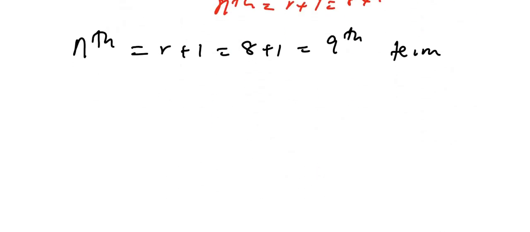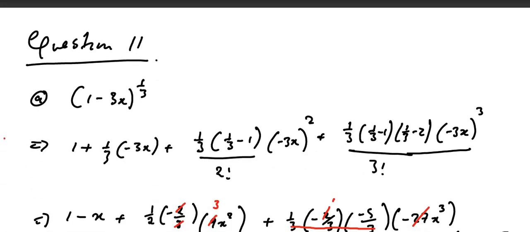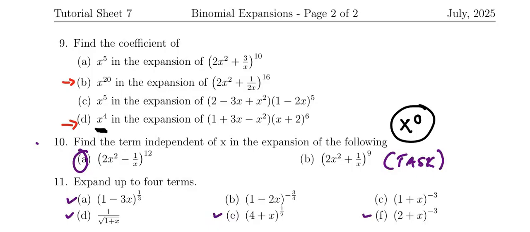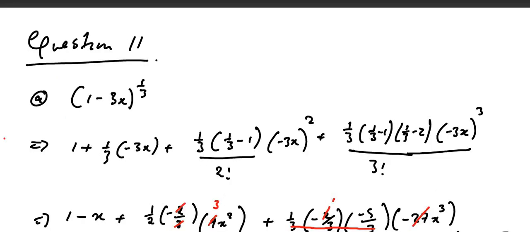The next part, question 11. So question 11, they want us to expand up to the fourth term, meaning x to the power 3.